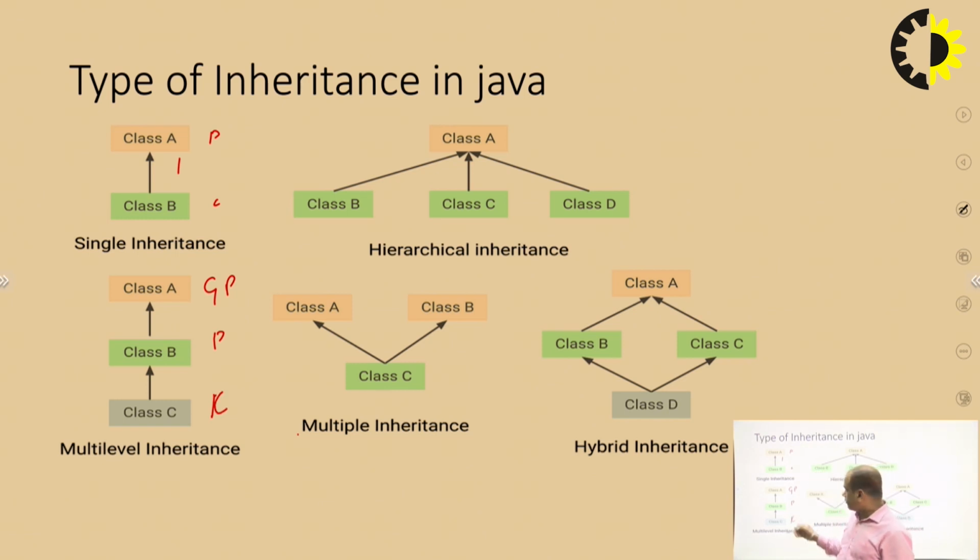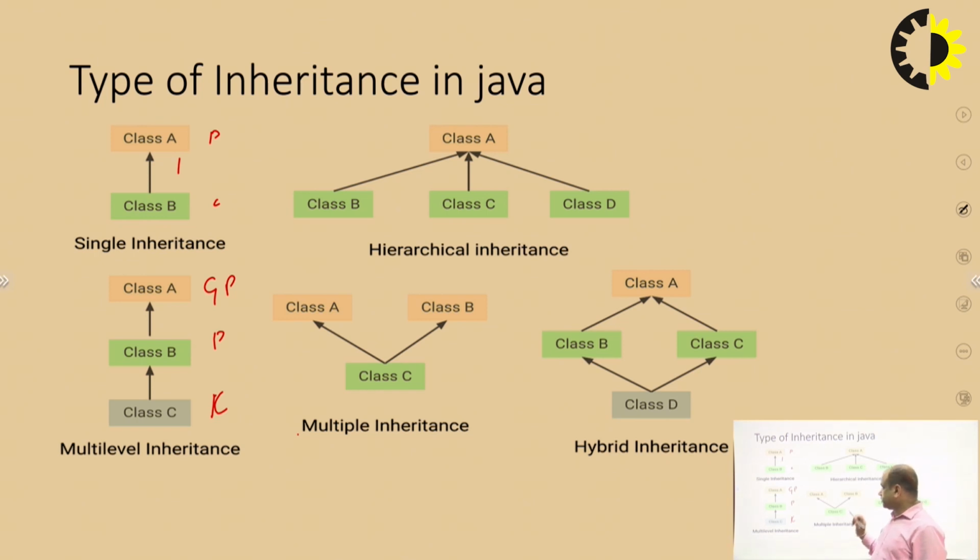That is multi-level, meaning the level changes from one level to another, and that can be up to n levels. Third one is hierarchical inheritance. In hierarchical inheritance, there is one parent class and a number of child classes inherit the properties of the parent class.